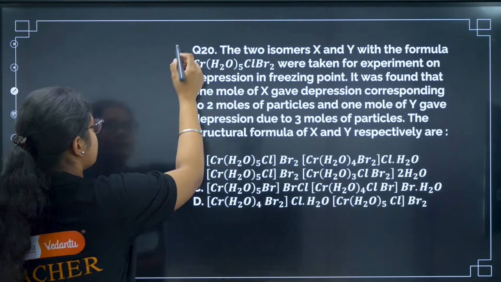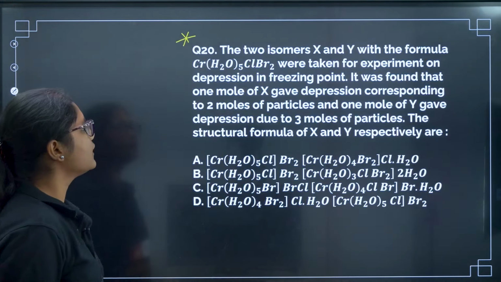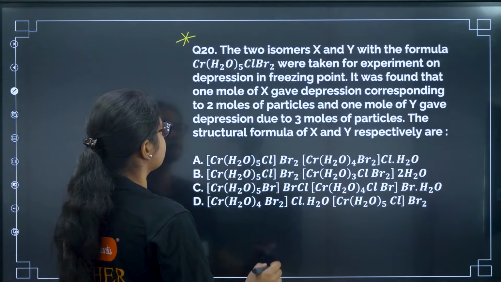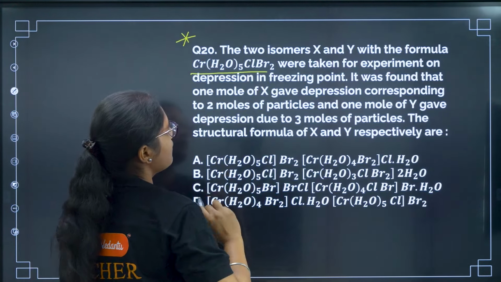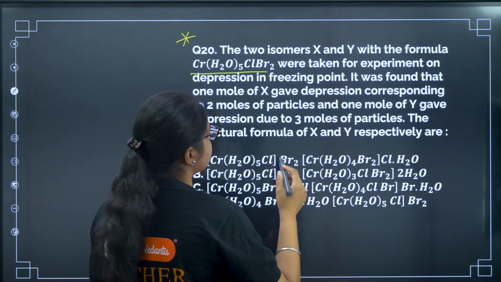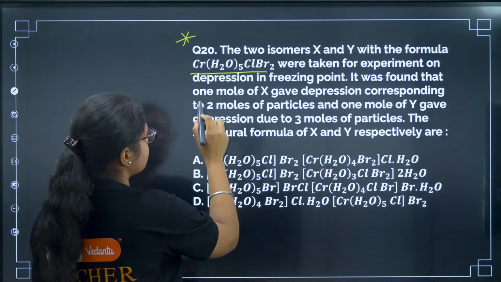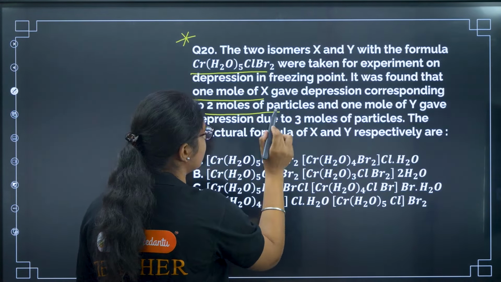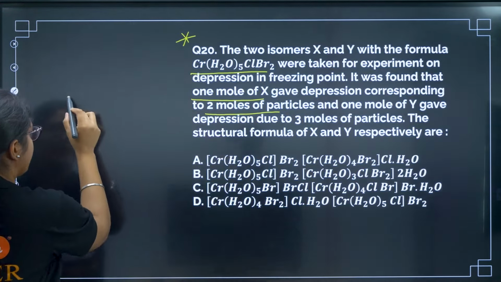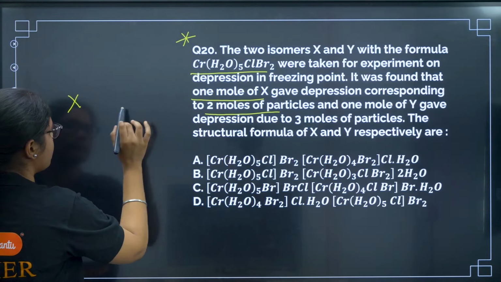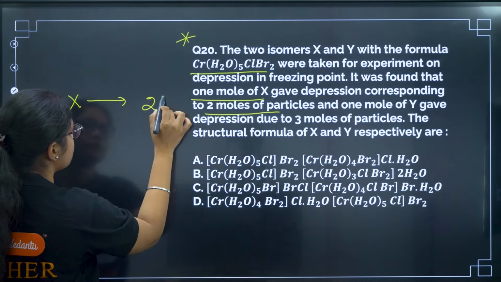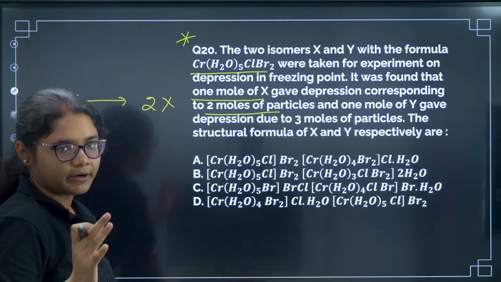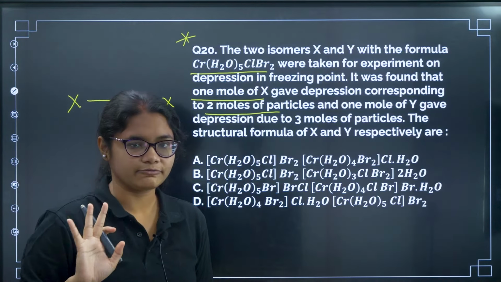Next, this is a very good question. The two isomers X and Y, with the formula given to you, were taken for an experiment on depression of freezing point. It was found that 1 mole of X gave a depression corresponding to 2 moles. That means the compound X was dissociating to give two ions. We have studied this under the Van 't Hoff factor.